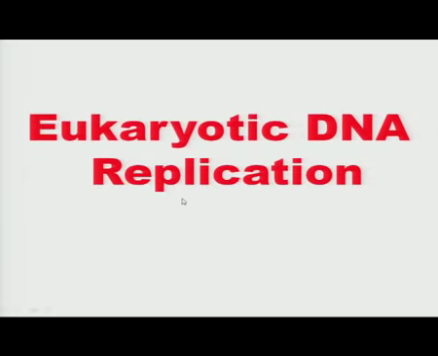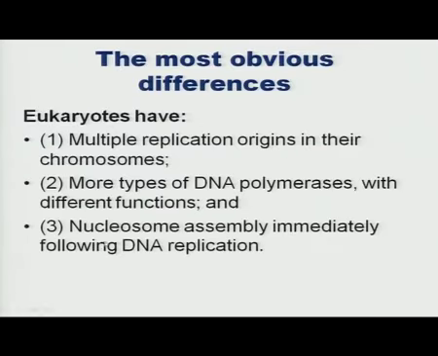Now, here are some differences between eukaryotic and prokaryotic DNA replication, but almost all the processes are the same except a few. These are multiple replication origins in their chromosomes. Eukaryotes have multiple origins, and all the origins help in initiating the replication.